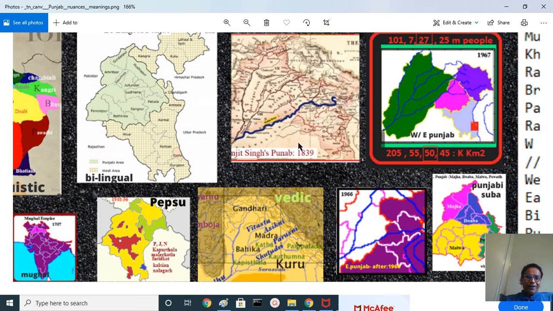In the historic Janapada times, Vedic, you can see the Kuru region and Madra region, where Madra, the consort of King Pandu, comes from. And Gandhari, the consort of Dhritarashtra and mother of Suyodhana, comes from this area, and the Cambodia kingdom. So these are the historic names and regions of Vedic Punjab.